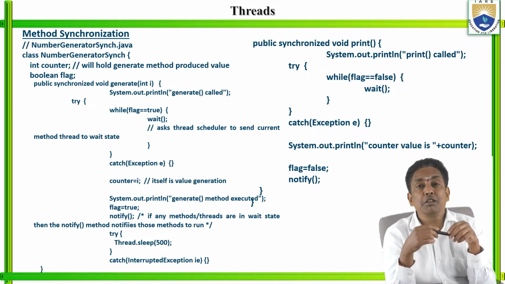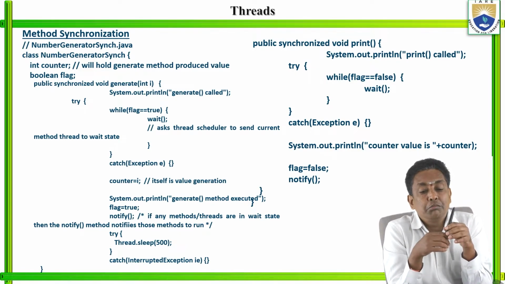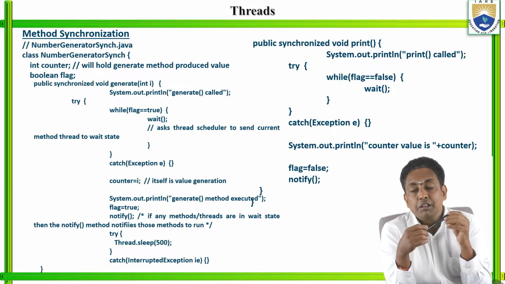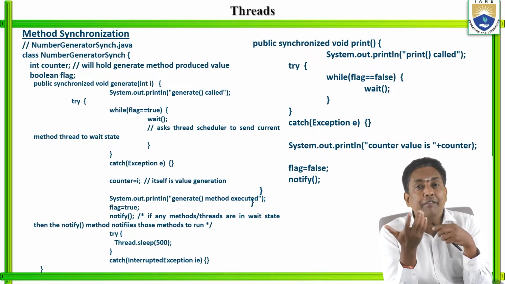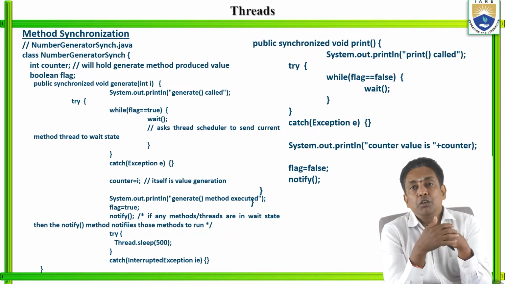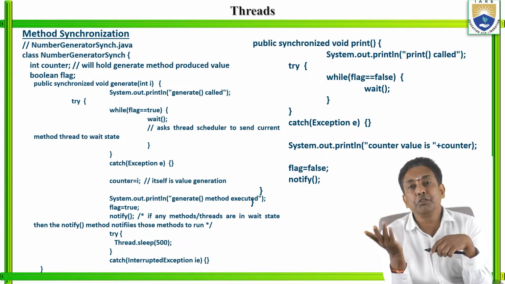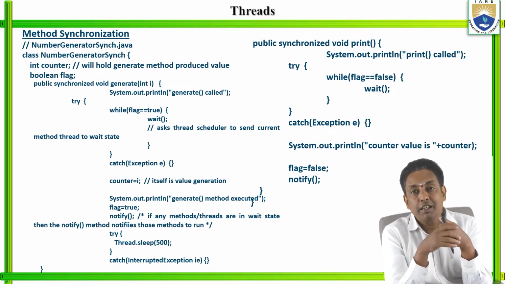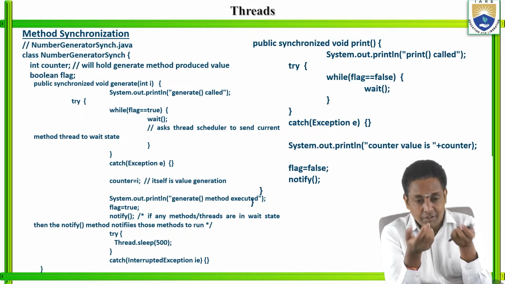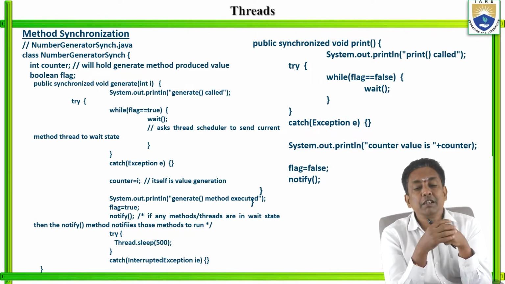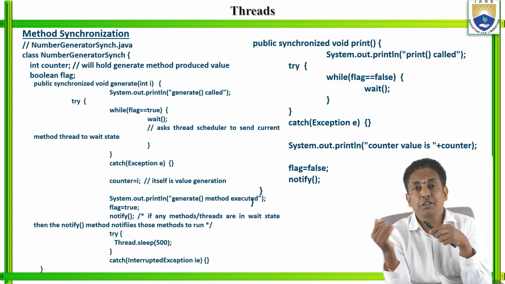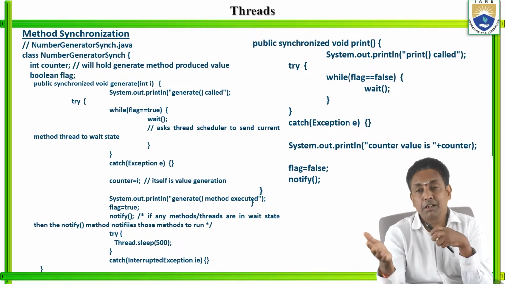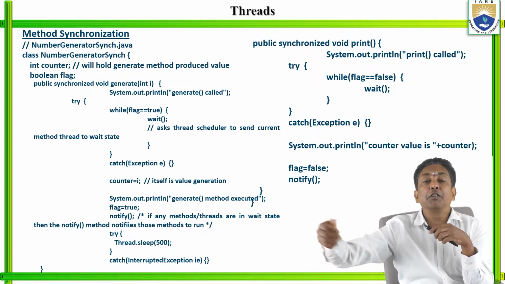Because we have only two threads, we took a simple Boolean variable. You may get a doubt: suppose I have more than two methods, three, four or five methods to synchronize, what to do? Take one integer variable. If it is 0, execute generate. If it is 1, execute print. If it is 2, execute the third method. If it is 3, execute the fourth method.